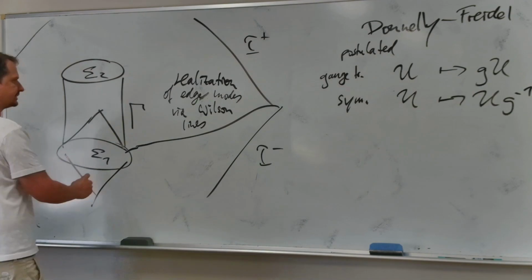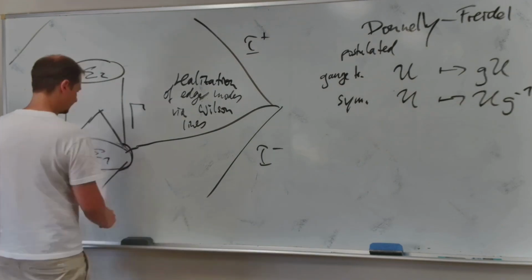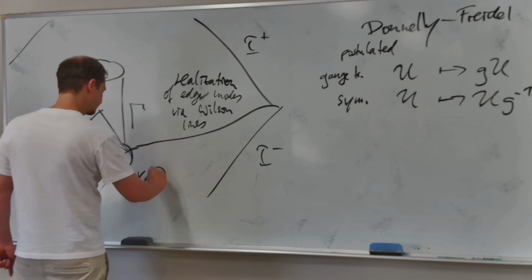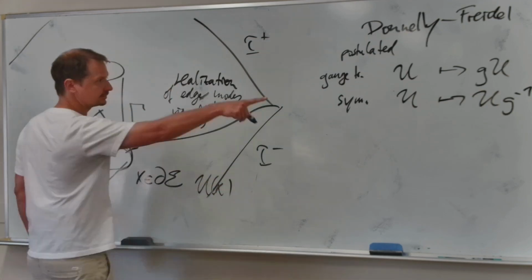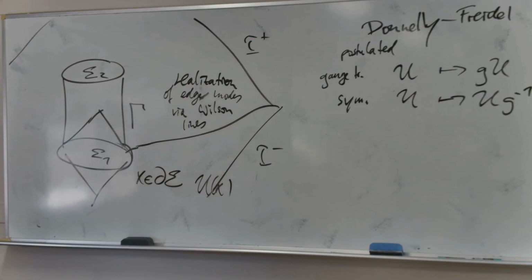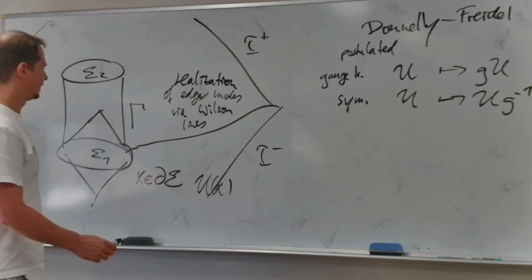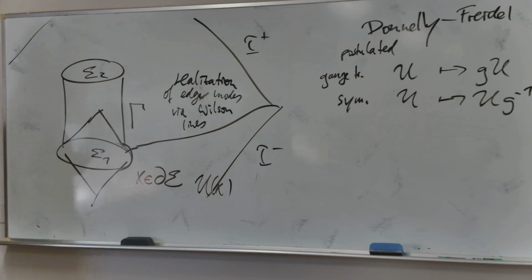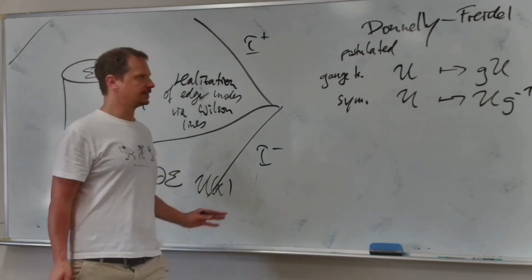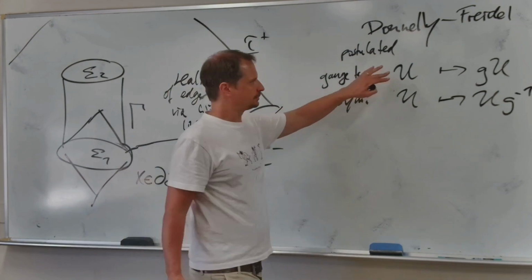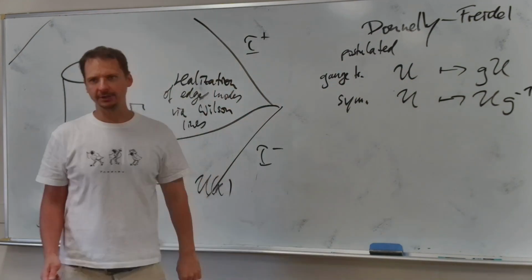For x on this corner, you can define a U of x in that way. In terms of a Wilson line, you attach it to the boundary, and you get exactly all the properties that they had postulated.